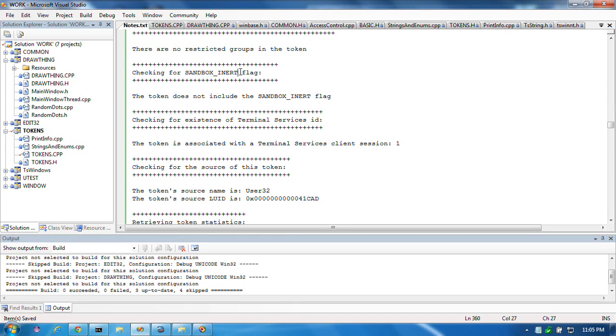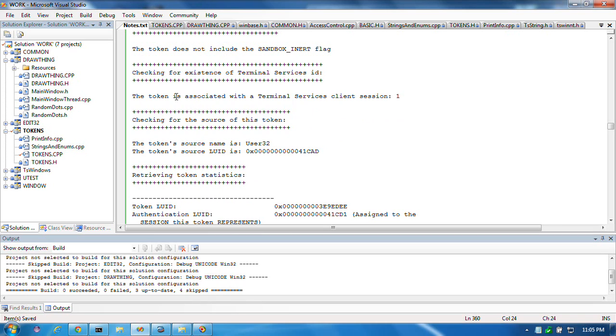This I have no idea. There's nothing online. Nobody has any clue what a sandbox thing is. This I don't understand. I expected this to say no. This terminal services.